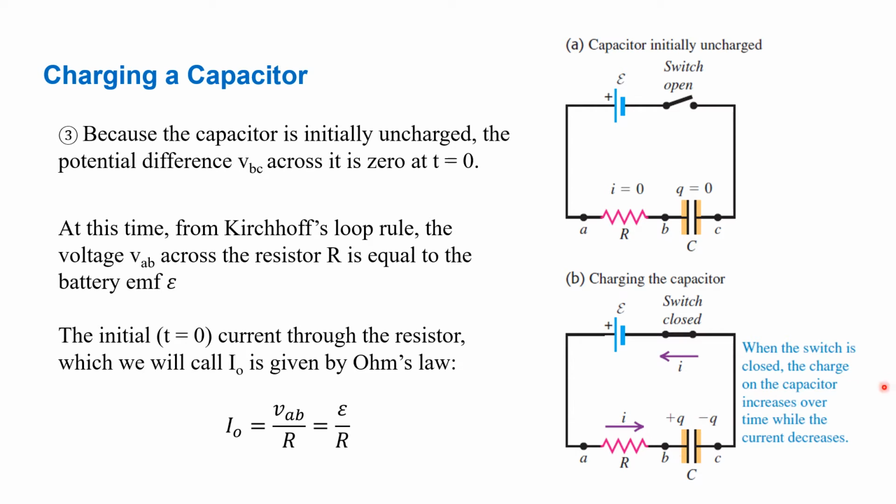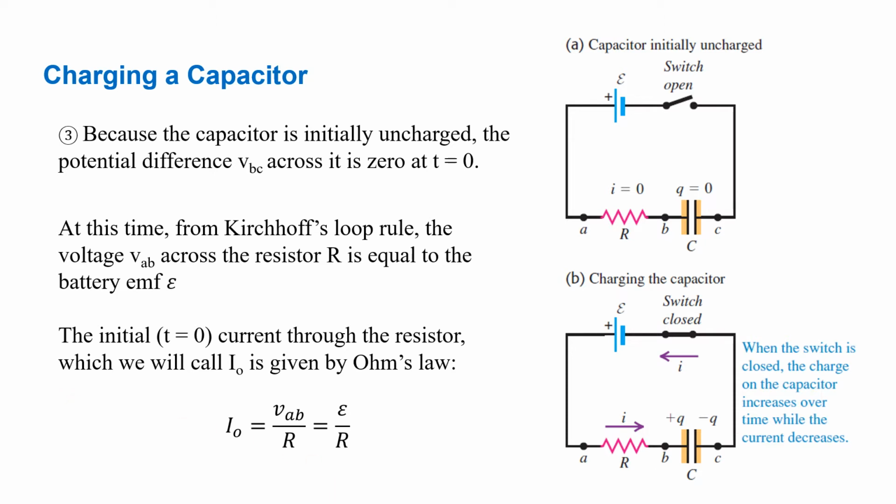If you remember, you have Q is equal to CV. Now, since your Q is equal to 0, then that means the voltage here is equal to 0. And at time equals 0, from Kirchhoff's loop rule, the voltage VAB, or the voltage between these 2 points here, which is the voltage across the resistor R, is equal to the battery EMF.